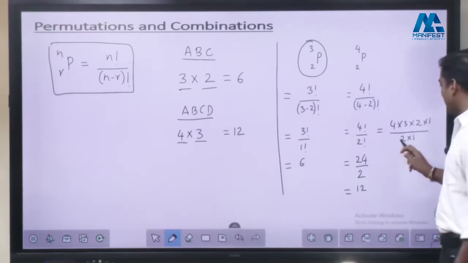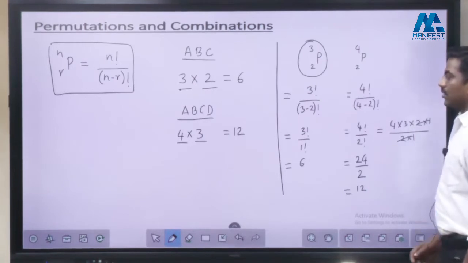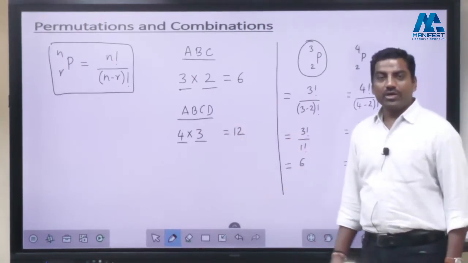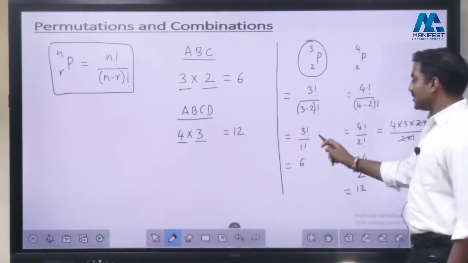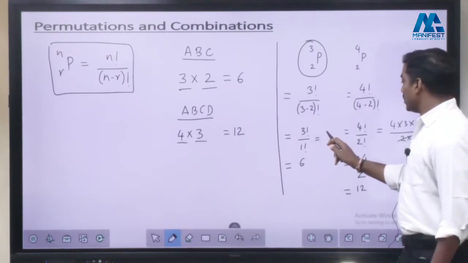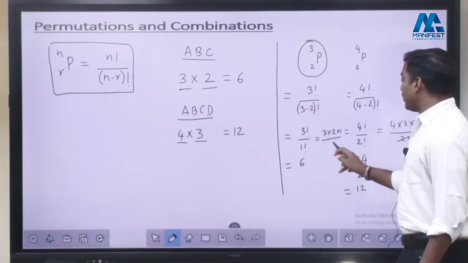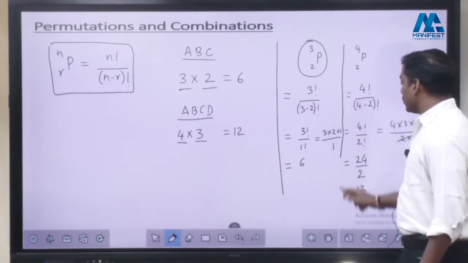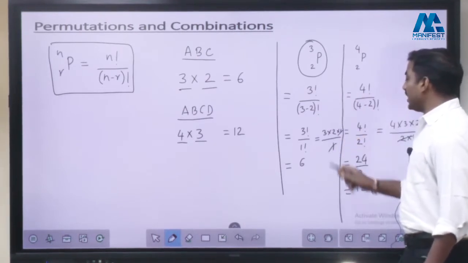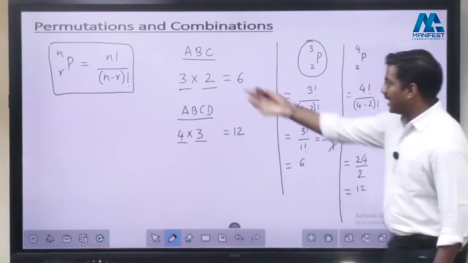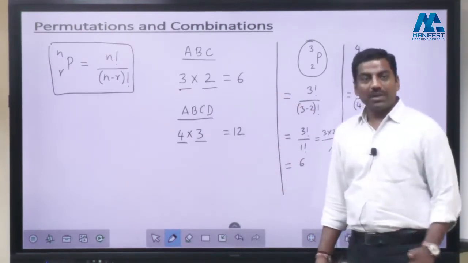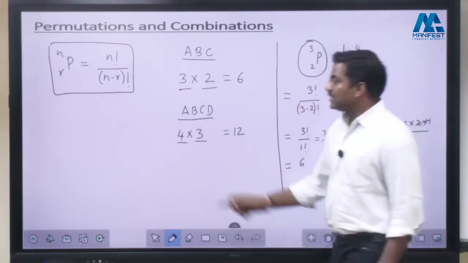Anyways, we are going to cancel them, right? I am directly writing 4 into 3 here. In this case, how do you write? 3 into 2 into 1 divided by 1. So why write this 1, 1? Directly I am coming there. Got my point?